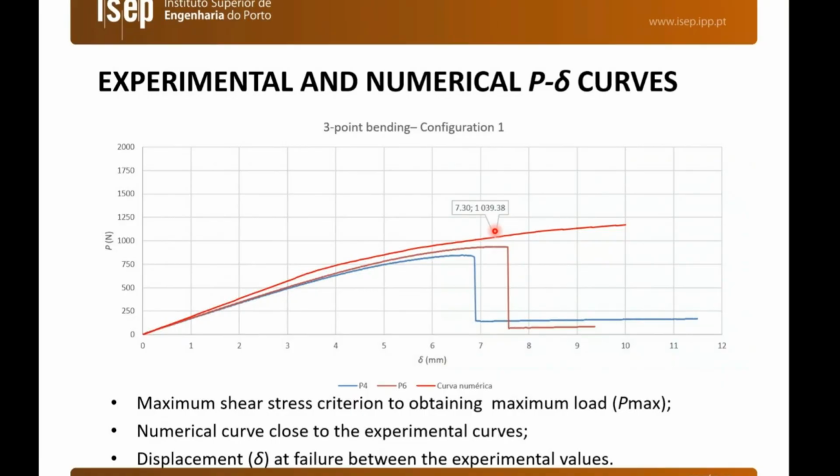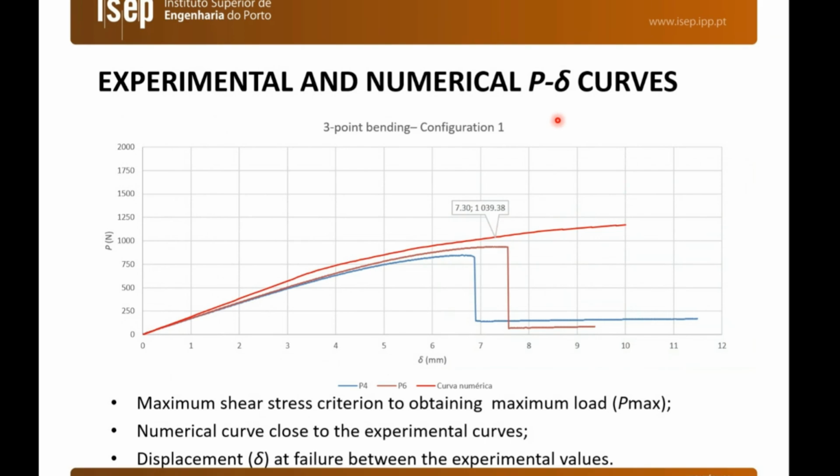In terms of results, we are going to address one of the configurations at a time. So in this case, we have 3-point bending for skin configuration 1 with the inner plies of glass at plus and minus 45.